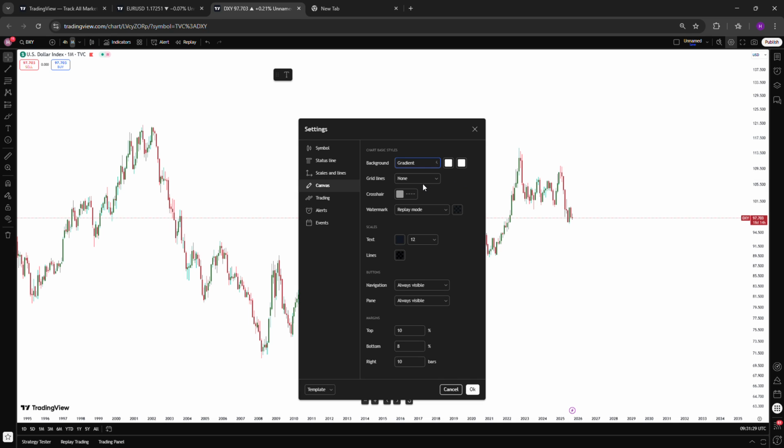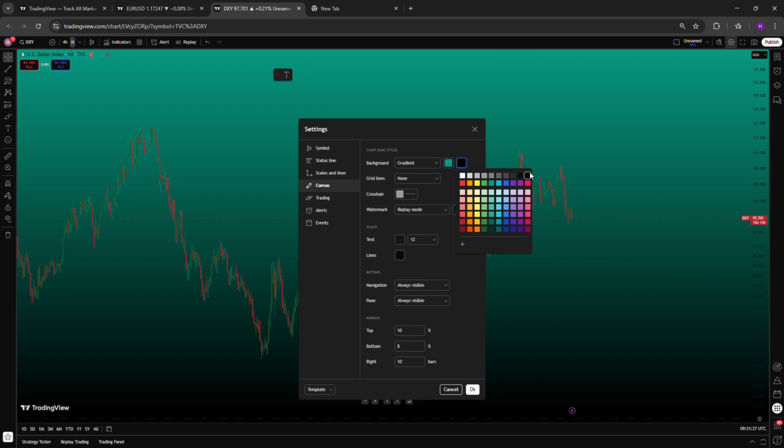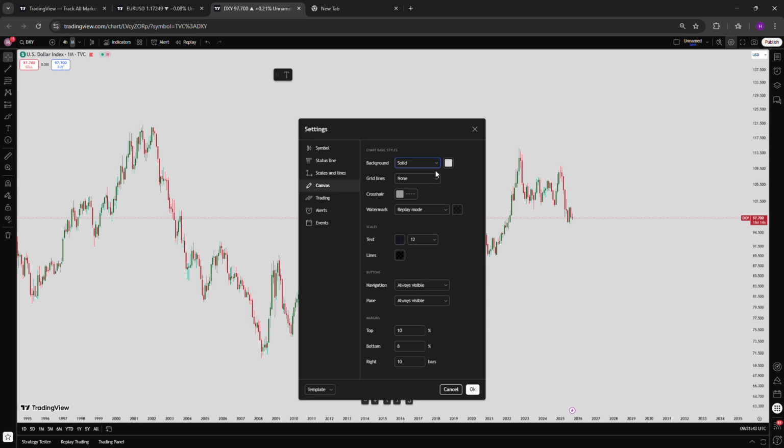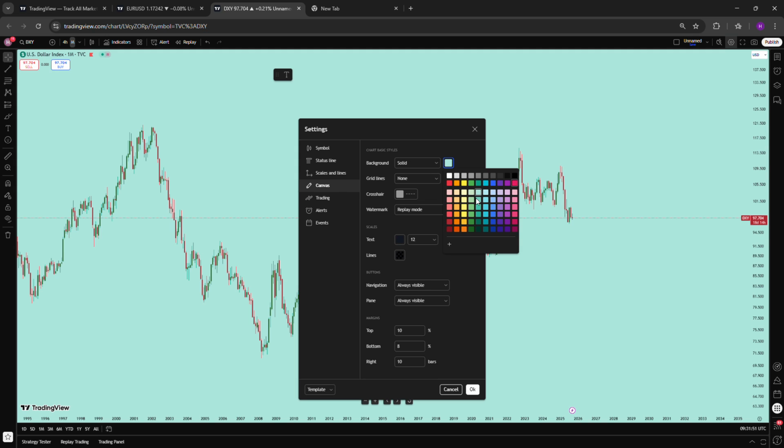Now the graph itself, you can always change the color. You can give it a gradient by saying you want a mixture of two colors. I really don't need that, so I just make it solid, and you can always change the color, but all of these colors are really a distraction.